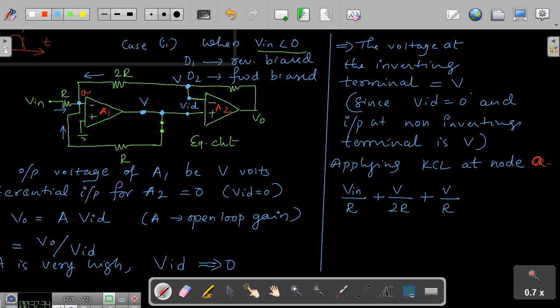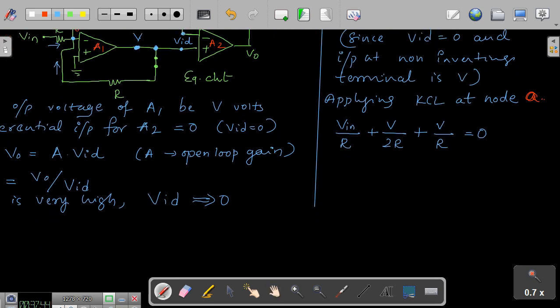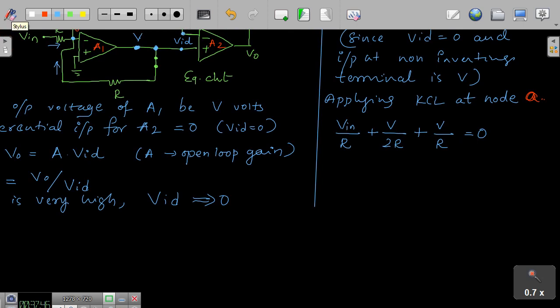The algebraic sum of the currents is equal to 0. Now simplify it and get me the expression in terms of V and V in. All of you please try this.